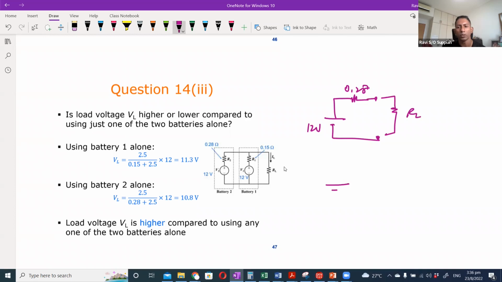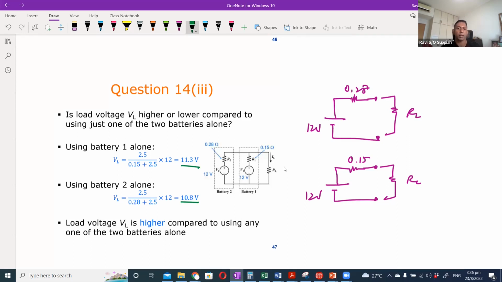Or if I just use battery 2, then I get 0.15, and do this. In both cases, if I calculate the voltage using the voltage divider rule, the voltage will always be lower compared to if I use two batteries. So when I use two batteries, the VL is always higher.